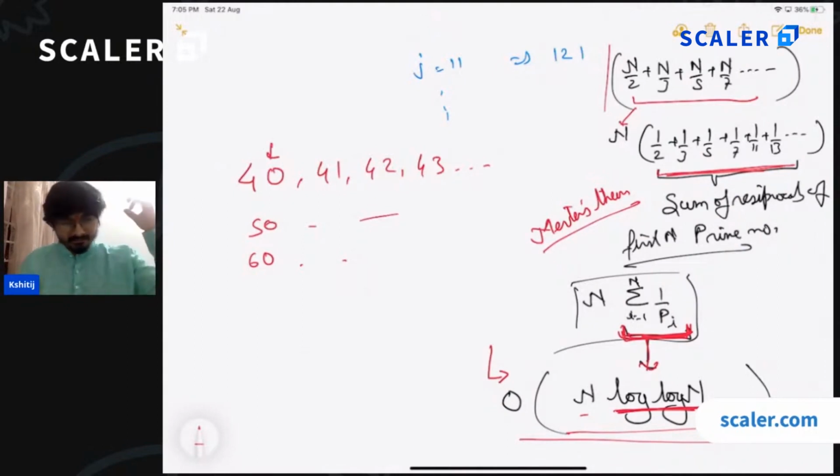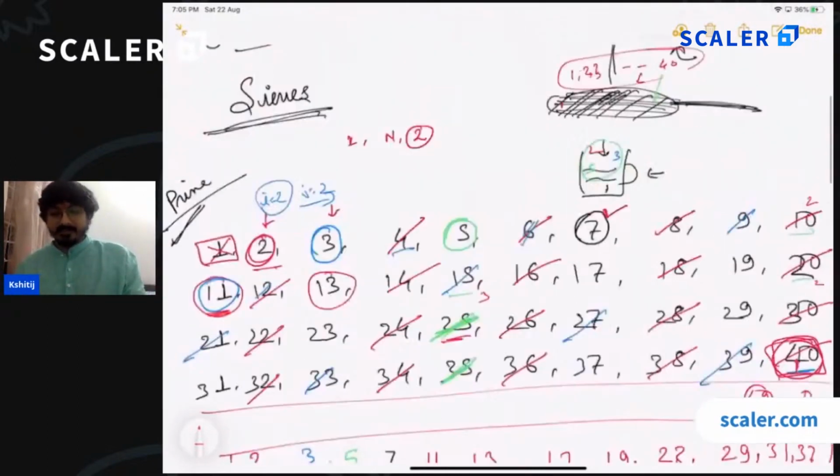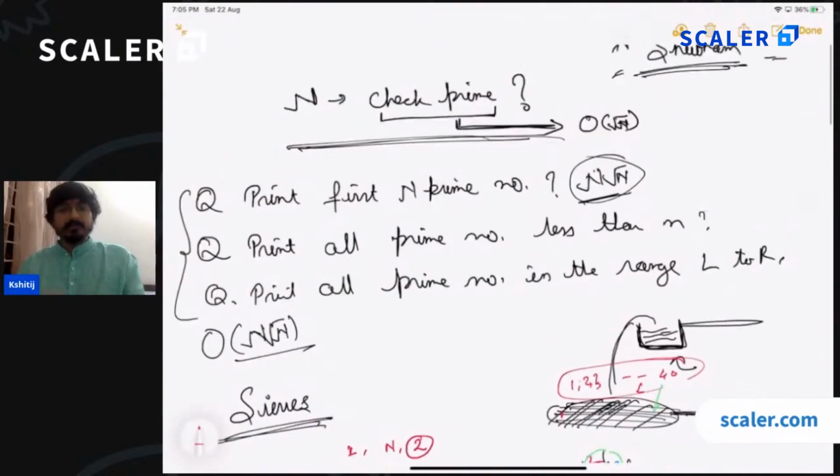Sieve's is saying, give me the first prime number. What is the first prime number? First prime number is 2. Cut all the multiples of the first prime number, not the first prime number in this range, the first prime number overall. So this algorithm will only work if you are starting cutting the numbers from 2. However, if you have to find the numbers in a range, what you can do is pre-compute all the prime numbers. If you know the maximum value of the range, then starting from 2 to that value, you can pre-compute all the prime numbers.